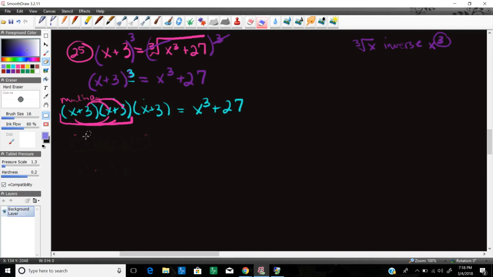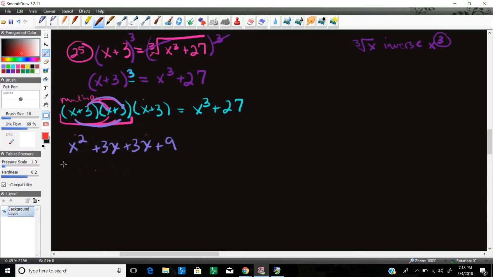So we have x times x is x squared. Okay, x times 3 is positive 3x. There we go. Then we do the inside. 3 times x is also 3x. And 3 times 3 is positive 9. There we go.